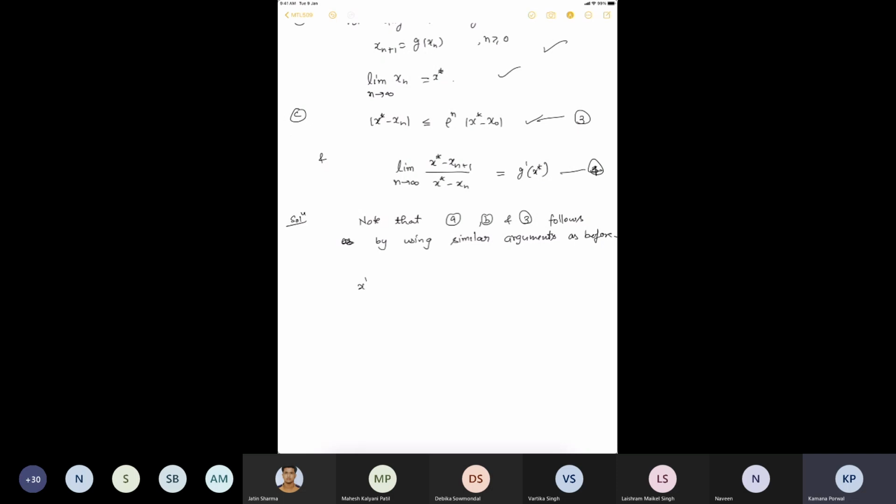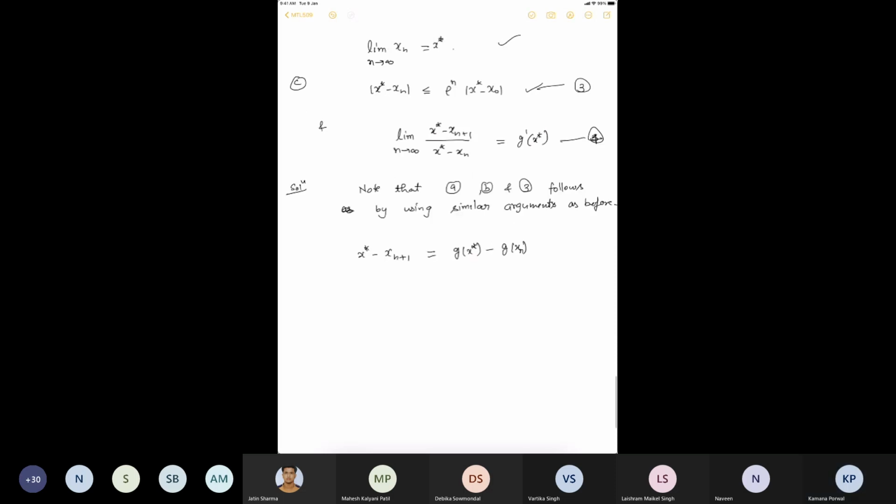So what is x star minus x(n+1)? x star is a fixed point, so this is the same as G of x star, and x(n+1) is G of xn. Now I'm going to use, again, the mean value theorem. So this is the same as G prime of some xi times (x star minus xn), where xi lies between x star and xn.